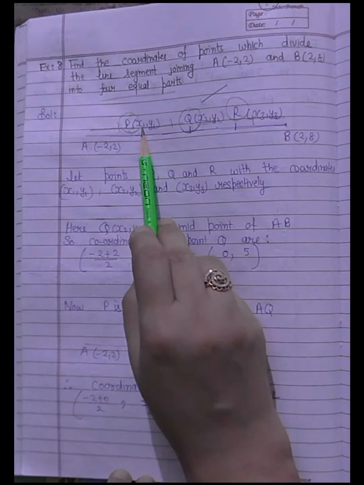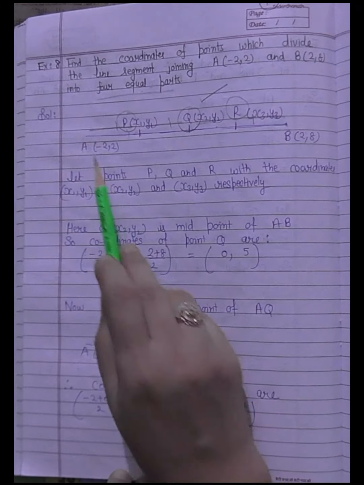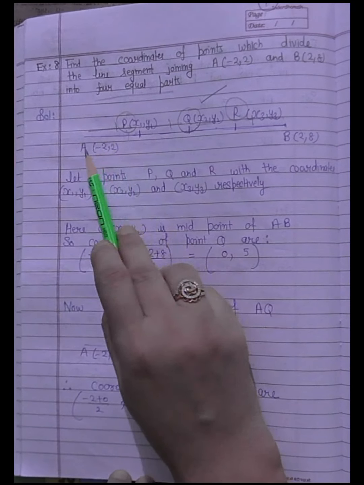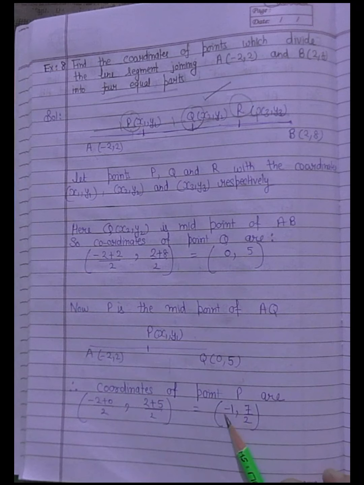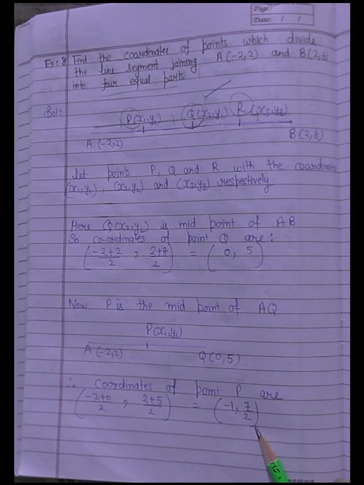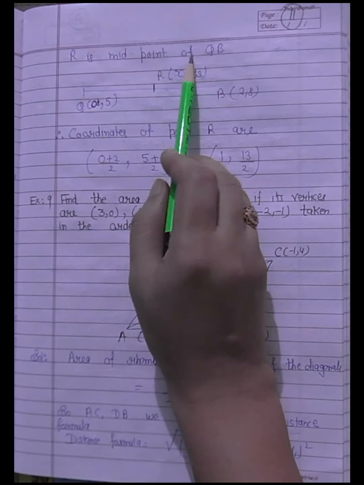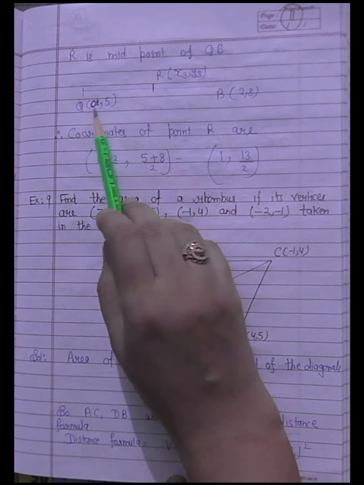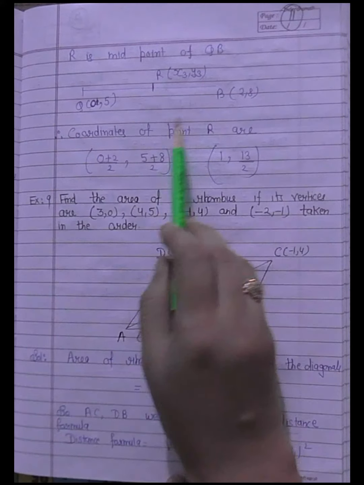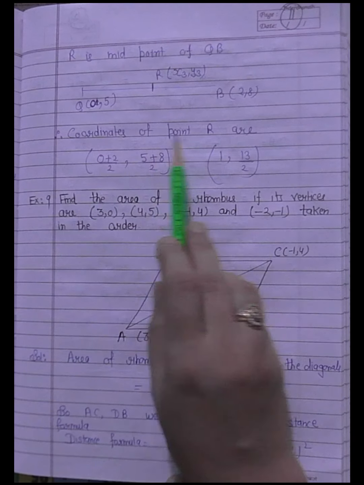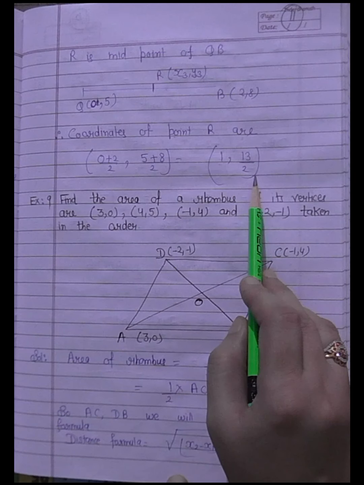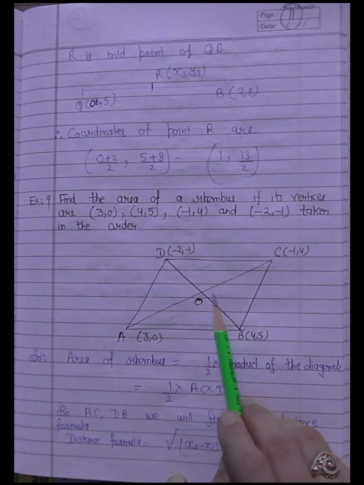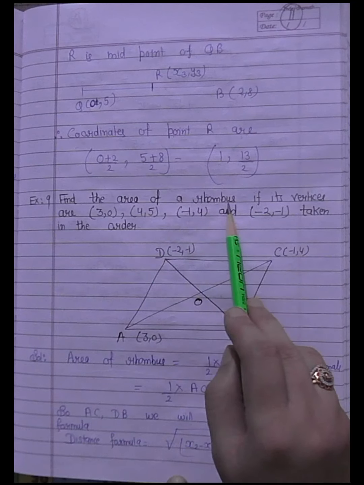Similarly, we can find the coordinates of P using AQ. P is also the midpoint of AQ and that is coming minus 1, 7/2, and R is the midpoint of QB. So after putting the values in the midpoint formula, we can find the coordinate of R as 1, 13/2.